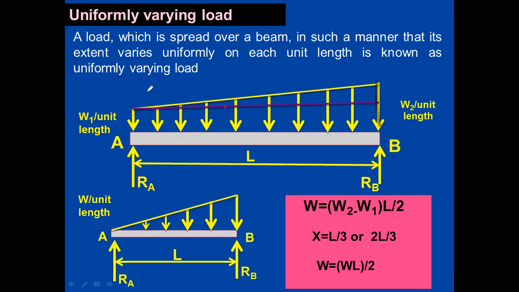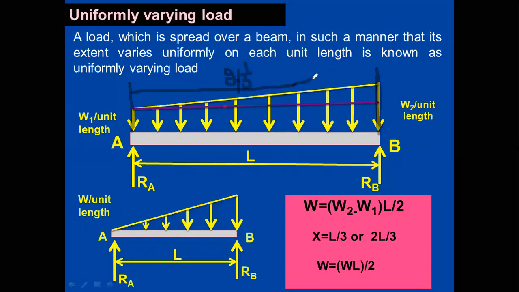The minimum intensity indicates the apex point. So this is the apex point and this is the base point. At the base point, the intensity is always maximum compared to the apex point. From the apex point, the point load acts at a distance of 2 by 3 of L, but from the base, it acts at a distance of L by 3.